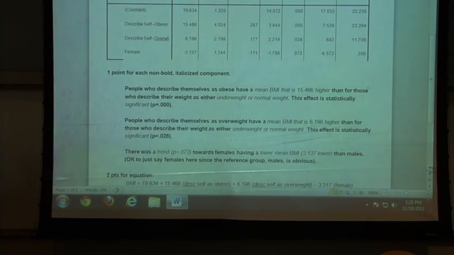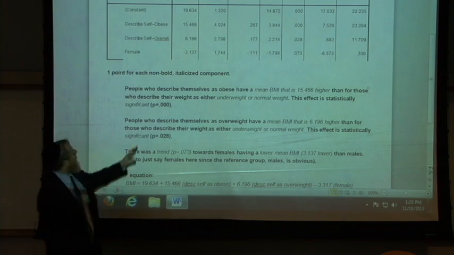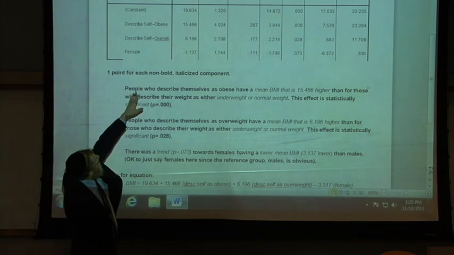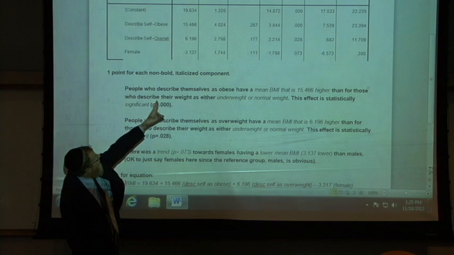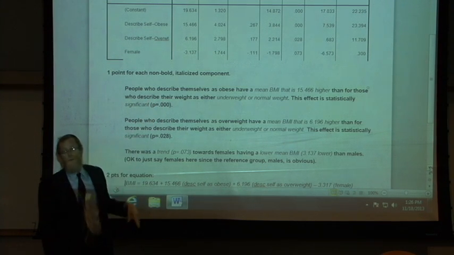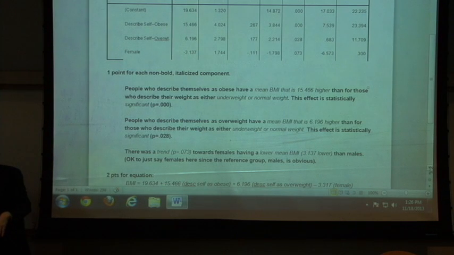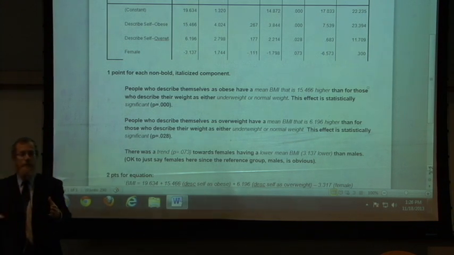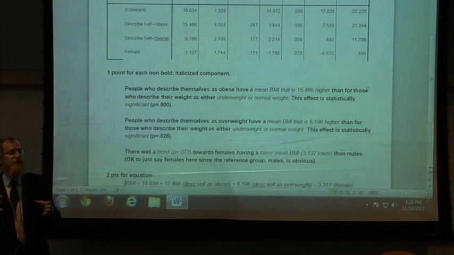Okay. Now, when it comes to sex, females have a coefficient of negative 3.137, but we also see that the p-value is 0.073. So we often talk about p-values between 0.05 and 0.1 as being a trend toward significance. Some people will refer to it as marginally significant.